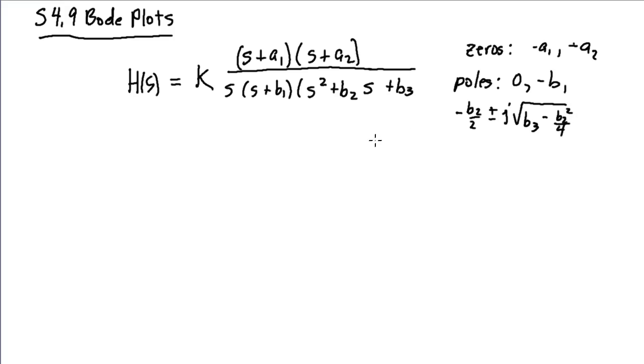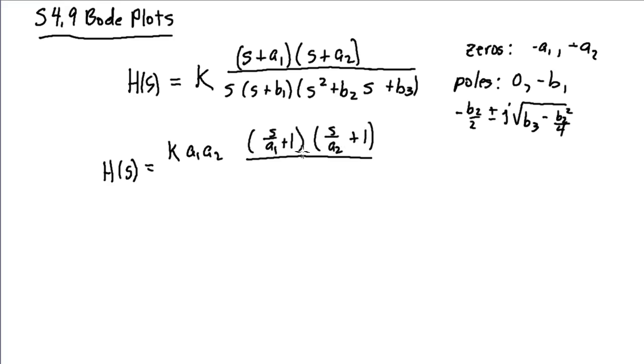In the technique that we're going to describe, the first step is to actually rewrite H of s so that the constant term in each one of these expressions is equal to 1. So I want to factor out an A1 here, factoring out an A2 from this term, so these terms become s over A1 plus 1 and s over A2 plus 1.